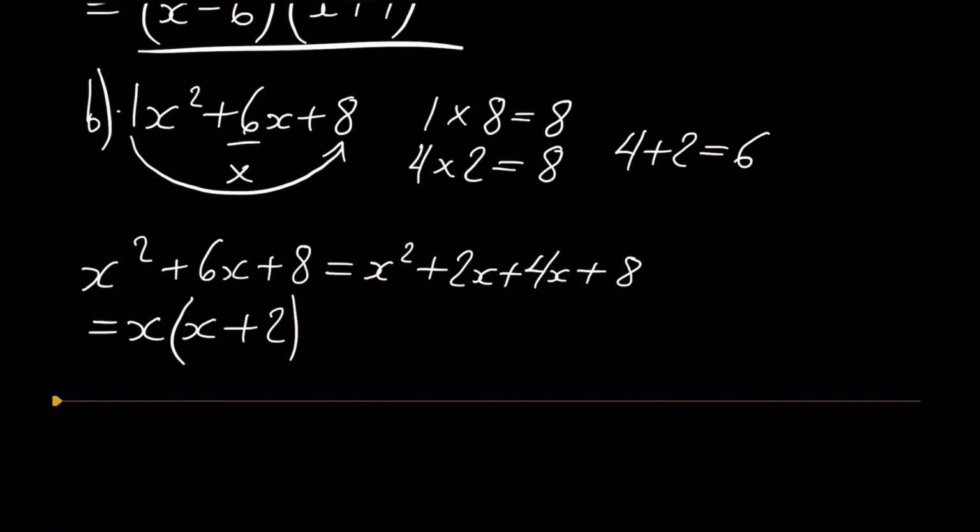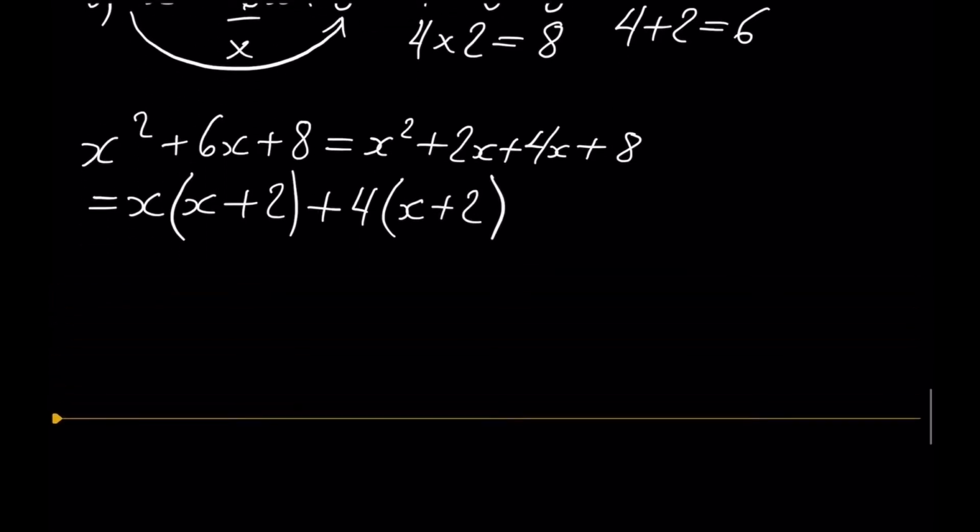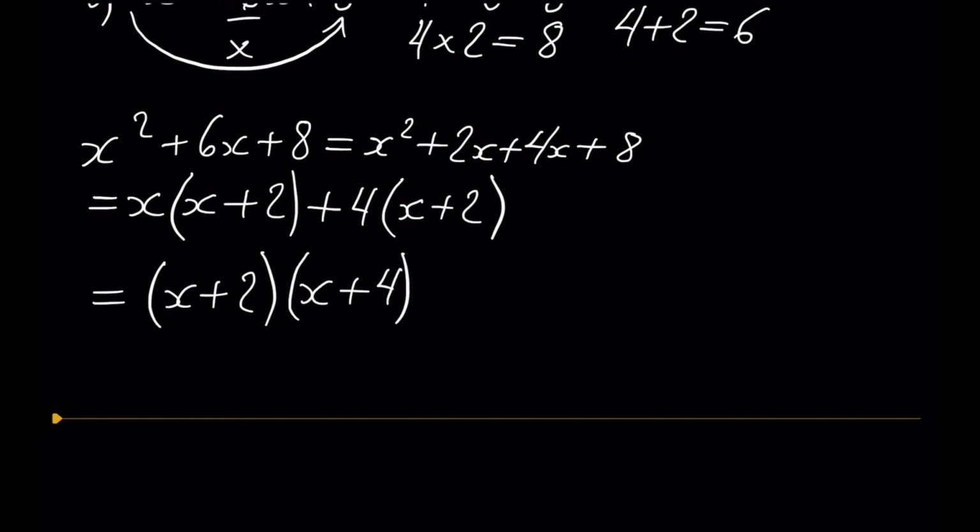So plus 4 times x plus 2, and then we simplify this whole expression, and we end up with x plus 2 times x plus 4. Because x plus 2 is a common factor in both x times x plus 2 and 4 times x plus 2. So this is the final answer.